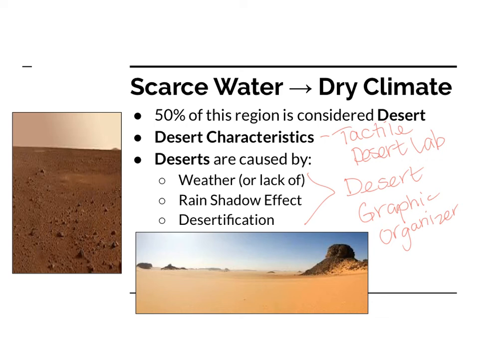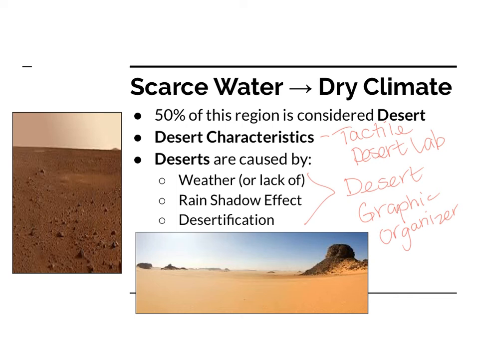The rain shadow effect is where you have the rain and the wind and the weather systems that run into the mountains, and they get pushed up over the top. As they move up the mountains, the water drops, precipitation falls.